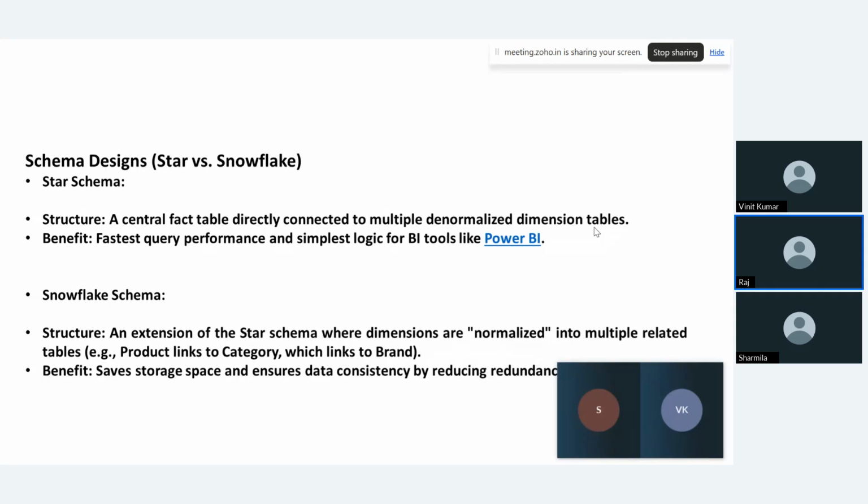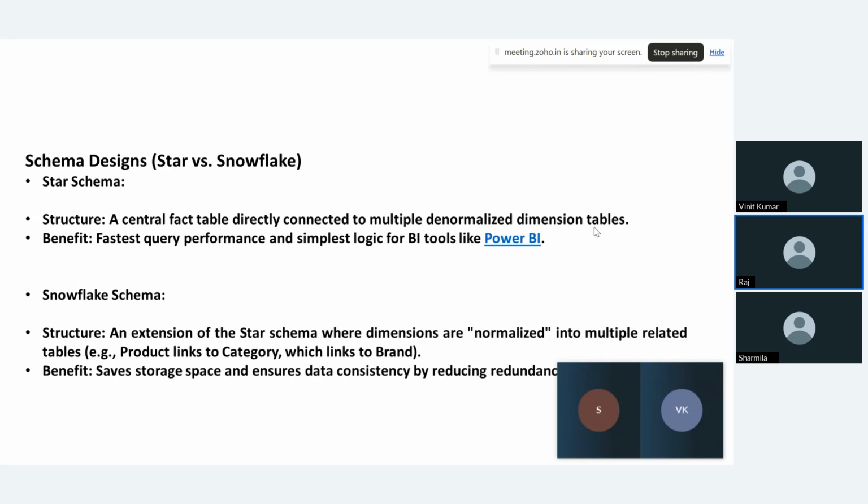But in snowflake there are more joins, and it's going to be slower. At the structure level, star is simple, a single level structure. But in snowflake we have dimension to dimension tables, and multi-level hierarchies.